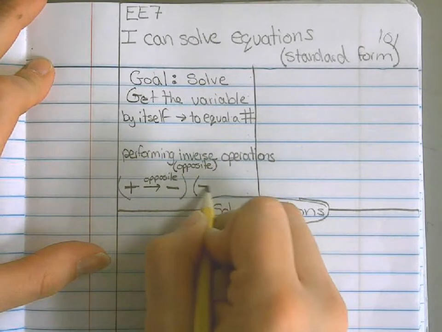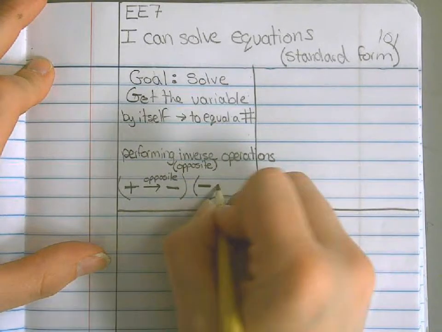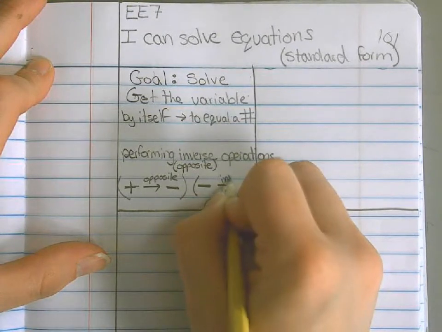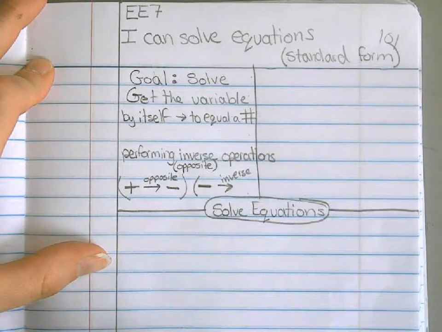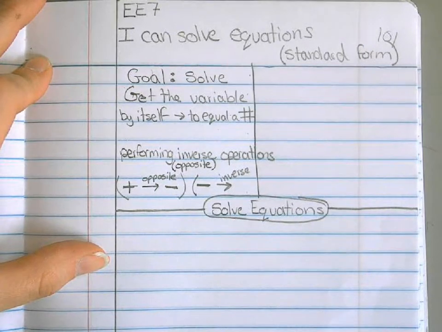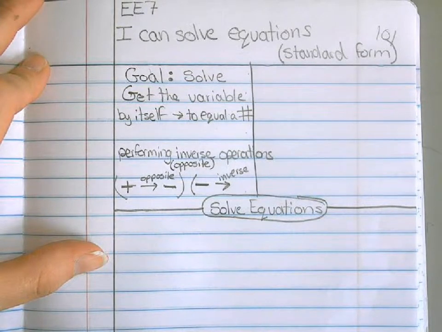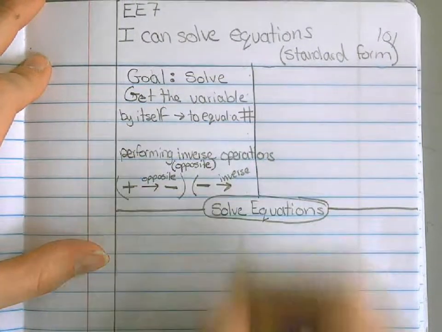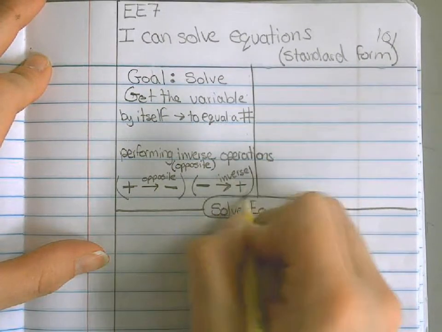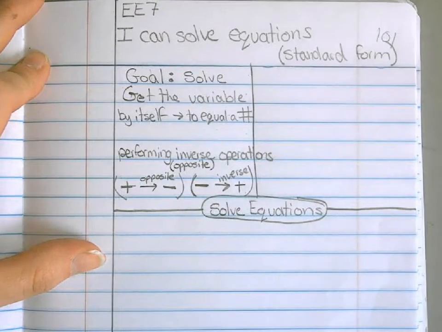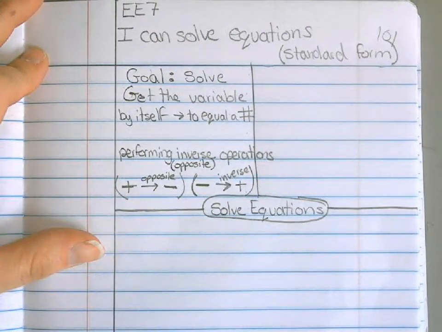So likewise, if we have subtraction, what would be the inverse of subtraction? Nate? Addition. Exactly. Okay? So we've talked about some opposites there. These are going to come in very handy for us.